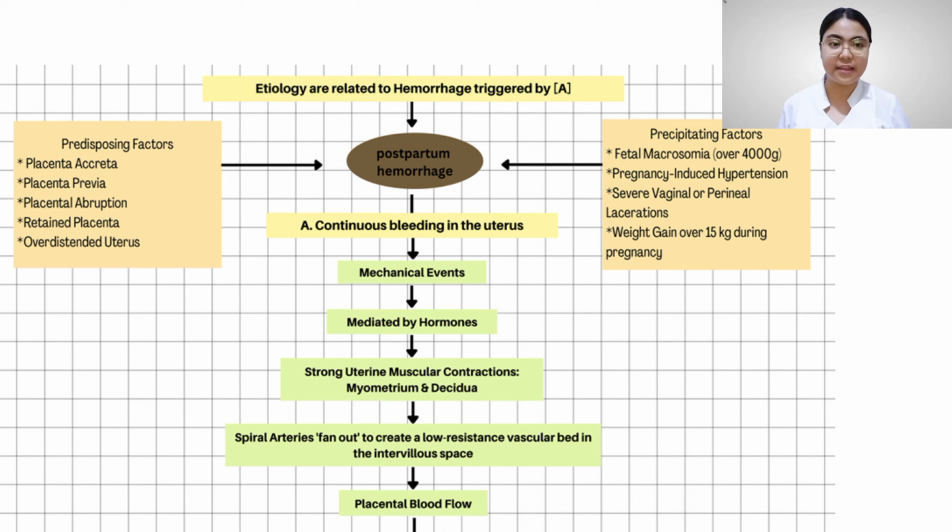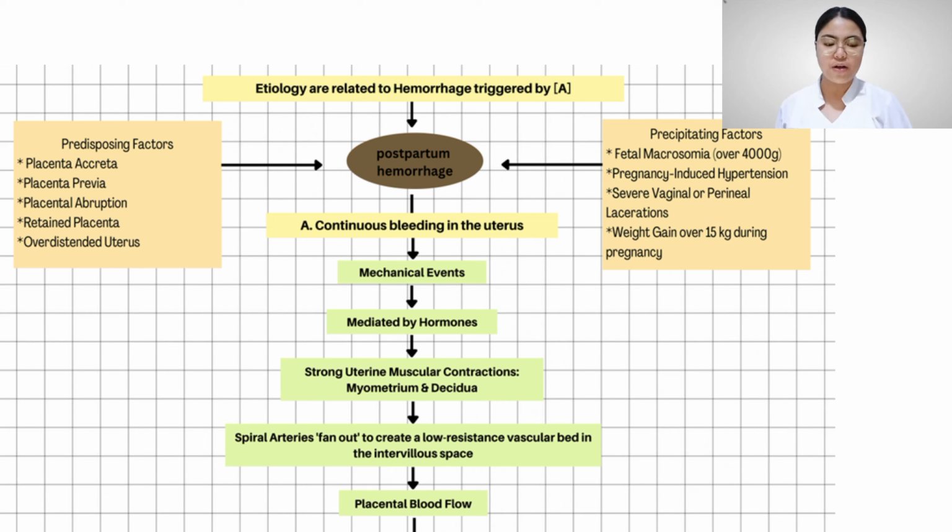After that, the spiral arteries fan out to create a low resistance vascular bed in the intervillous space. Then, the placental blood flow occurs.